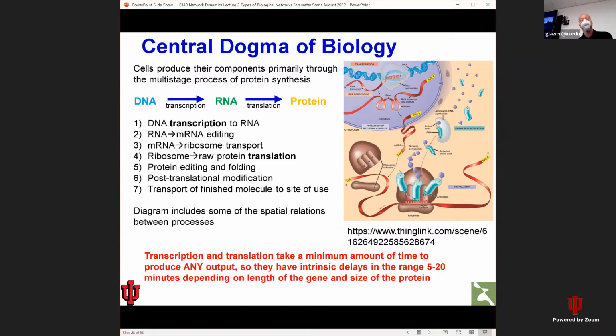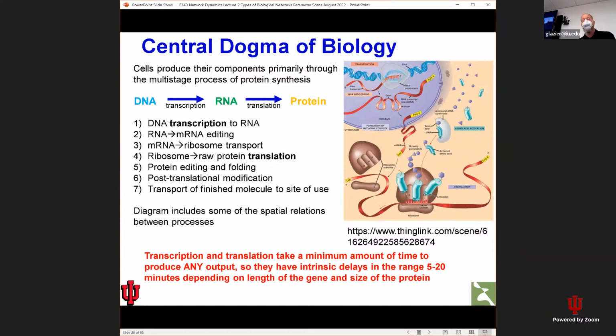DNA is transcribed into RNA inside the nucleus by particular motor proteins, by RNA polymerases. That RNA initially has things like introns in it, extra pieces which have to be eliminated. And so that RNA is spliced, and also has something called the poly A tail attached to the end of it.